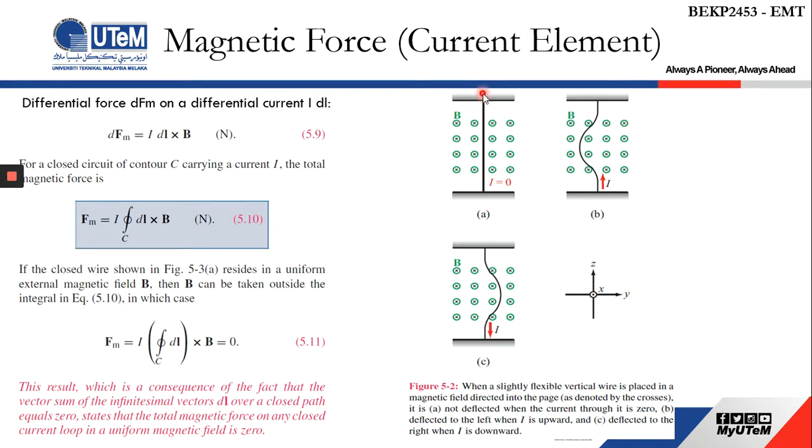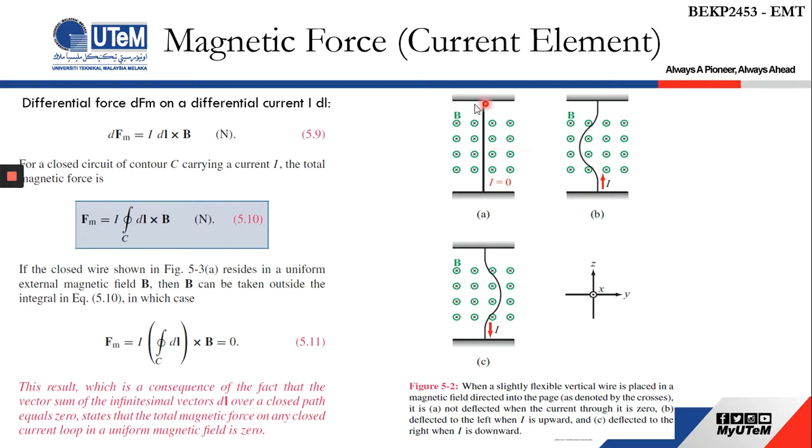You see the relationship here. If we have a very thin conductor and, in the initial condition, we don't pass any current through it, and this B here is the magnetic flux. When we have a circle with a cross in the middle, this means that the magnetic flux is moving into the page.